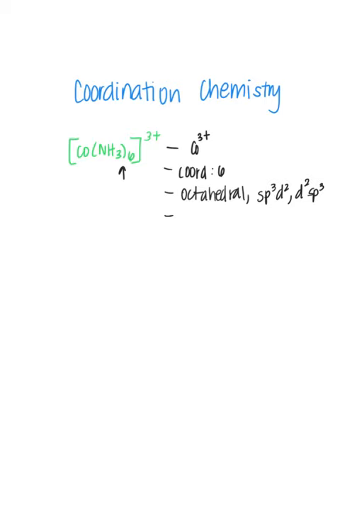So the ligand in this case is NH3, and we know that's a strong field ligand. So we know that there's going to be a hybridization of d2sp3 because strong field ligands allow for pairing, so those inner d orbitals are going to be free.